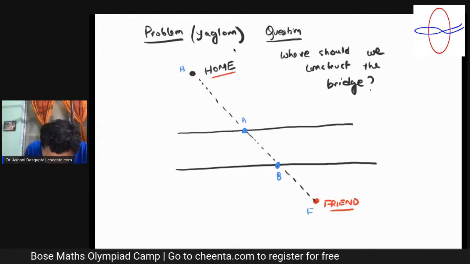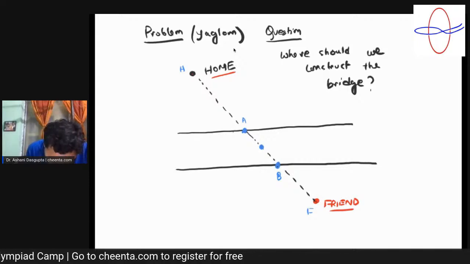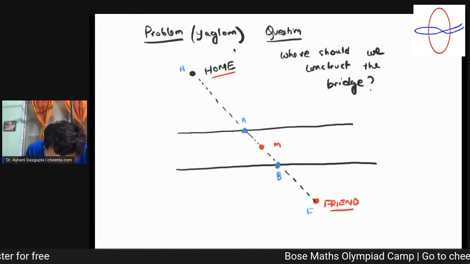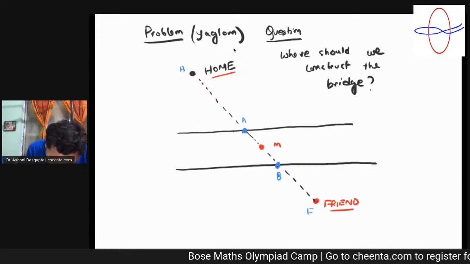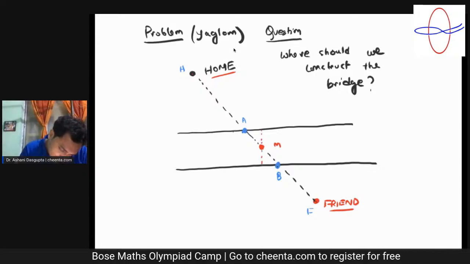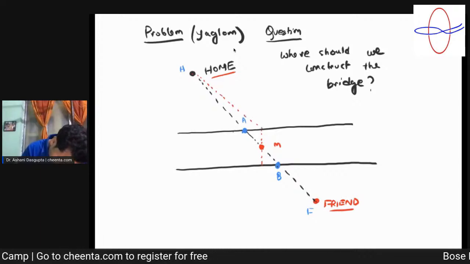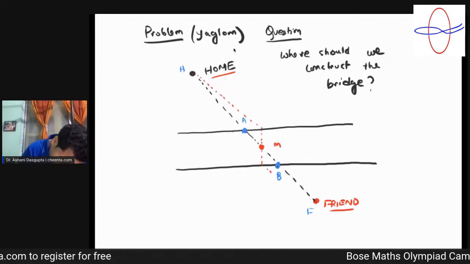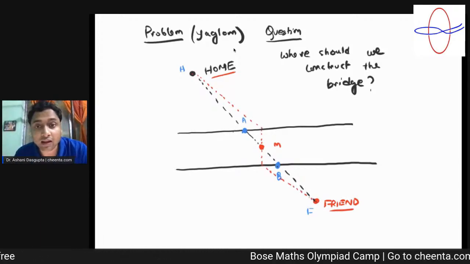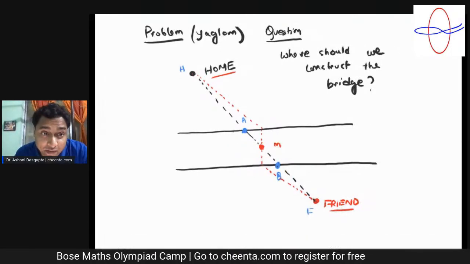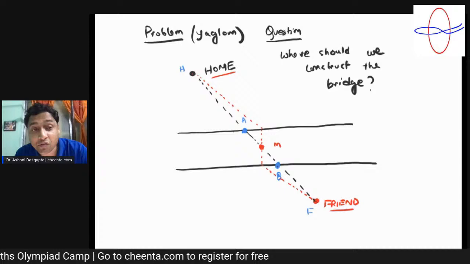Okay, Arav, what is your idea? So all of you understand what Shorodip is saying. He's saying, take the midpoint of the bridge like this, and then this is the shortest one. Yes, sir. You see, whatever we say must be backed up by reason.